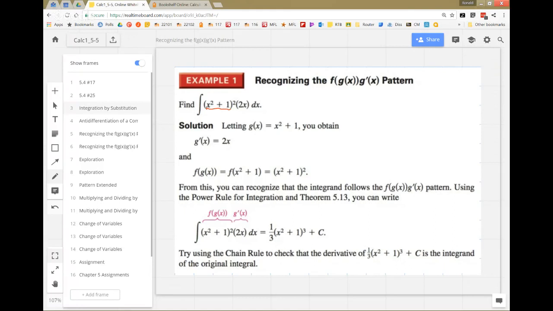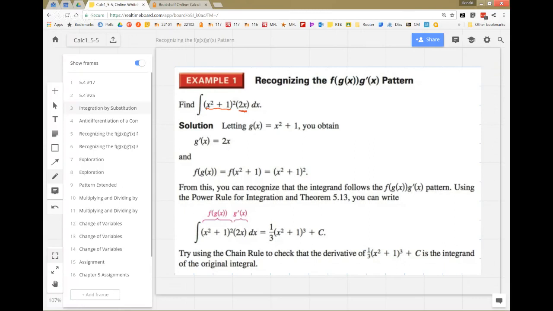And what would be the chain rule derivative of x squared plus 1? It's 2x. And that's exactly what we have sitting right here. Okay, so we're going to use that to our advantage. So in other words, what we have before us is an expression that the chain rule has already been used on.